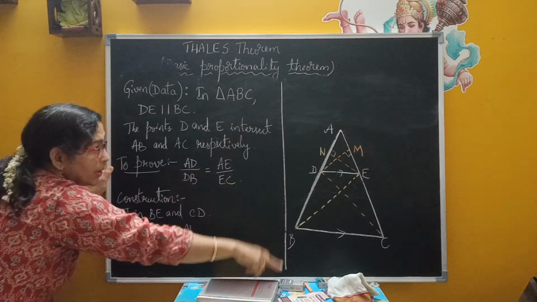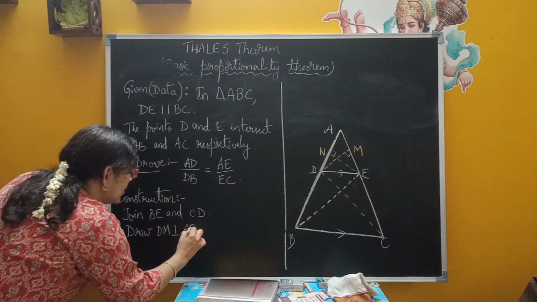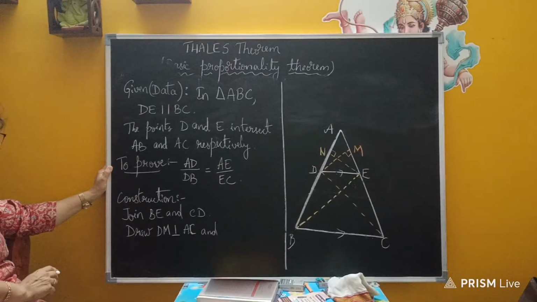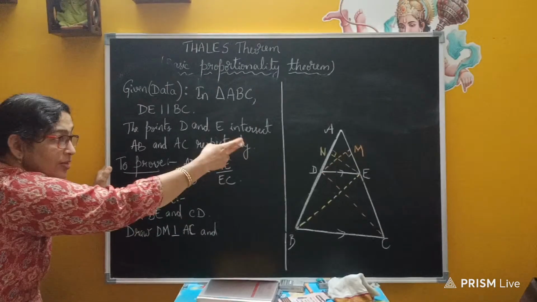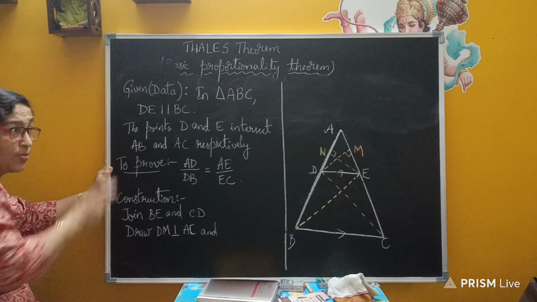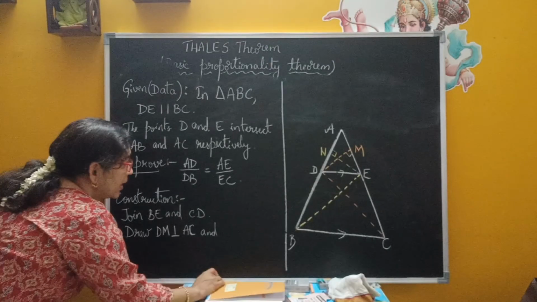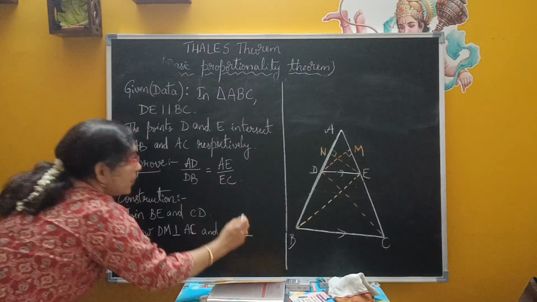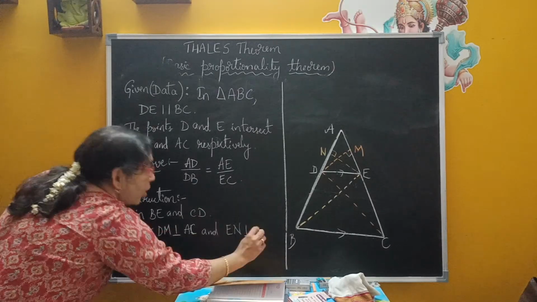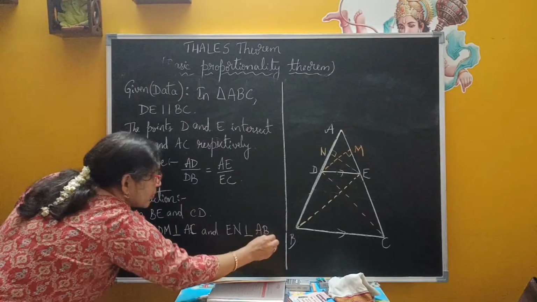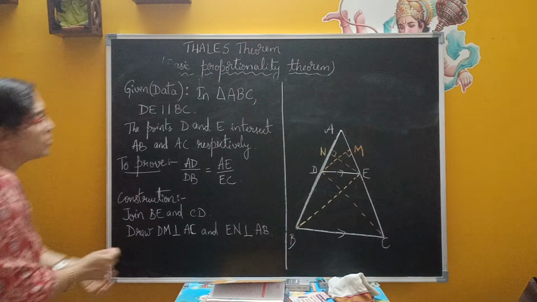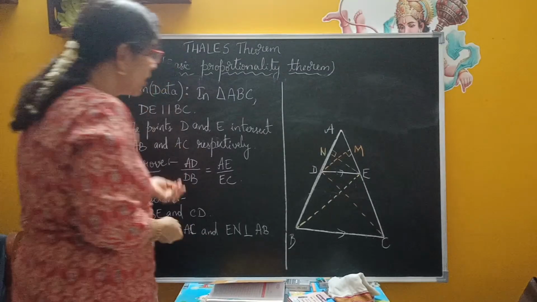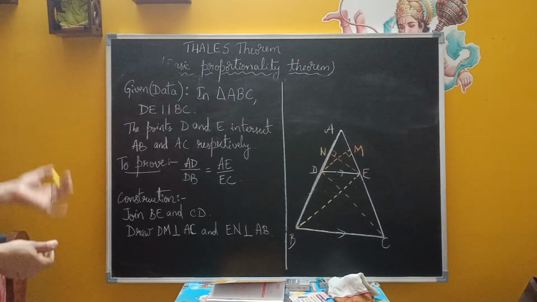The whole side is AC, and it is perpendicular to AE also, isn't it? If it is perpendicular to AC, obviously it should be perpendicular to AE also, since AE is a small part of it. And EN perpendicular to AB or AD. So the first part of the theorem is finished. Now let us go for the proof. Did you also finish till here?